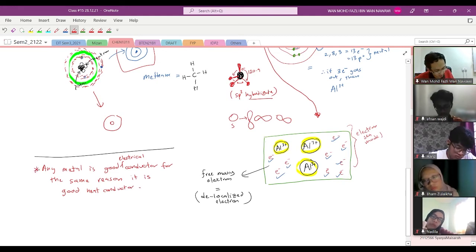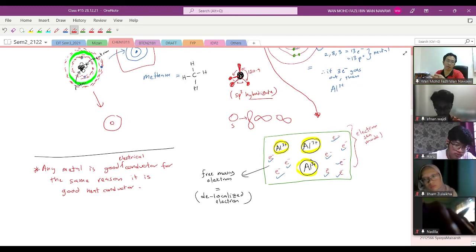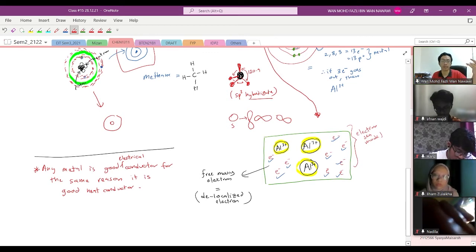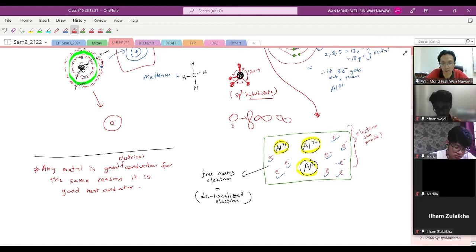Electricity happens because of the flow of electrons, and because the electrons in metal are mobile, they can move. The reason why metal is a good electrical conductor is also the reason why it is a good heat conductor, because the electrons are loose.